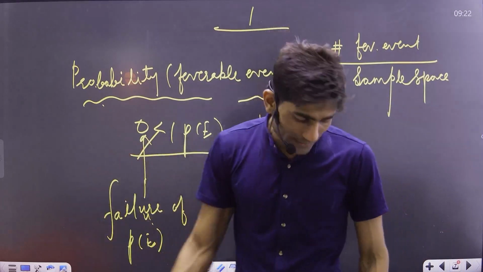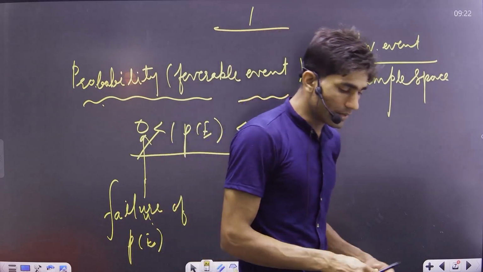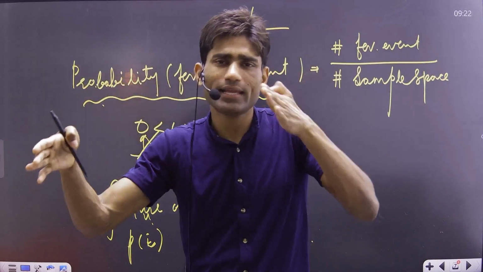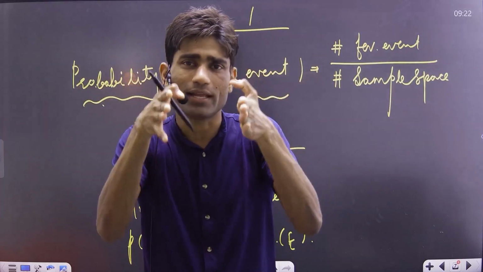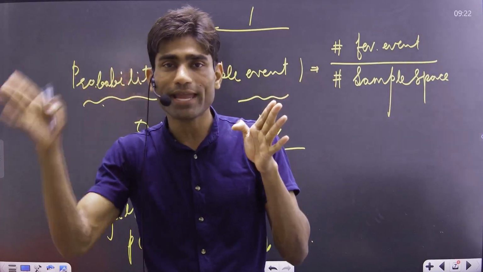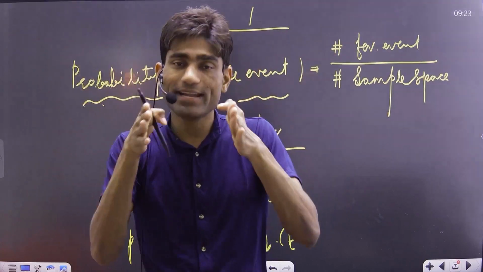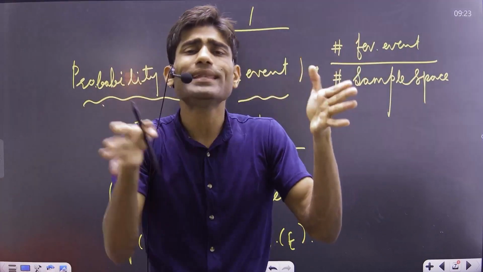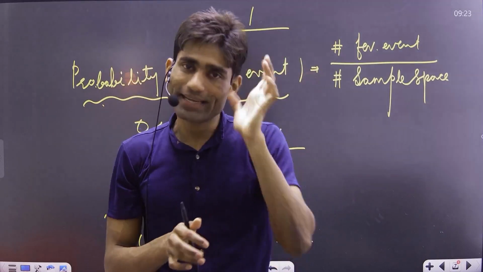The probability of any event lies between 0 and 1. Consider that you are given event A, event B, event C, and event D. How many events do you have? A, B, C, and D, so 4 events. If we add all the probabilities together, we get the answer 1.